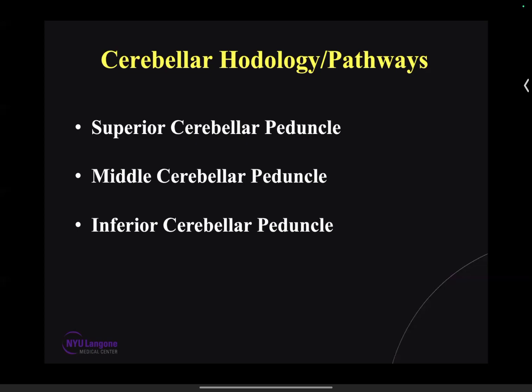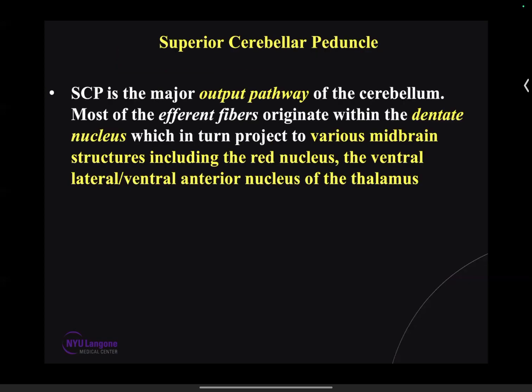So the cerebellum is connected to the brain and the spinal cord through these three pairs of peduncles, which are very, very important, bringing the fibers to the cerebellum and then taking the information out. The superior cerebellar peduncle is the major output pathway.